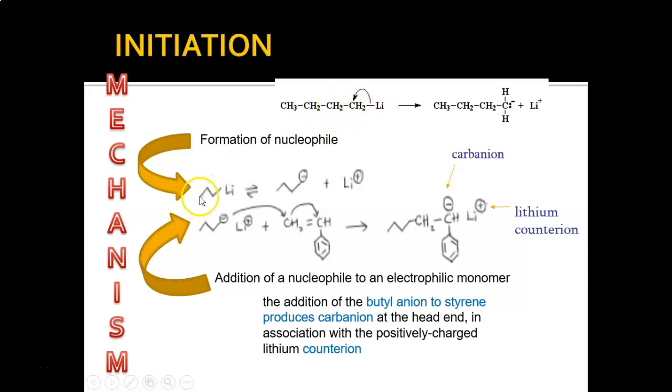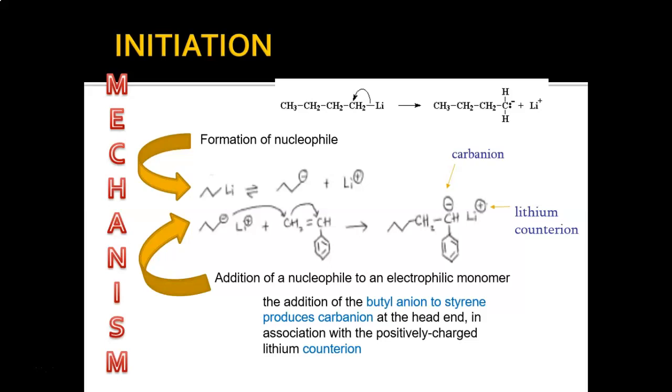So CH3 here, CH2 here, CH2, and the CH2 attached to it is Li. This butyllithium structure will fall apart to form a positive ion and a negative butyl ion. Li positive charge is the electron donor, which acts as the Lewis base or nucleophile.